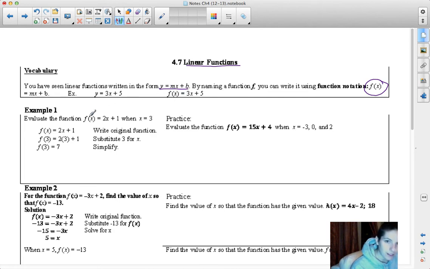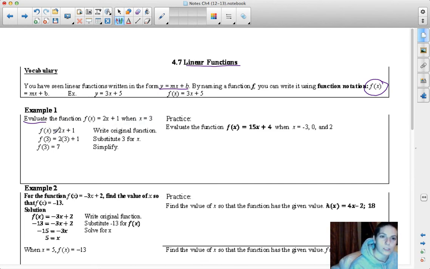So, a couple of things that we're going to do with this. The first is evaluate the function. Remember that the word evaluate tells us that we're going to get an answer. We're going to have a number at the bottom. The function f of x equal to 2x plus 1 when x is equal to 3. The notation looks like this.